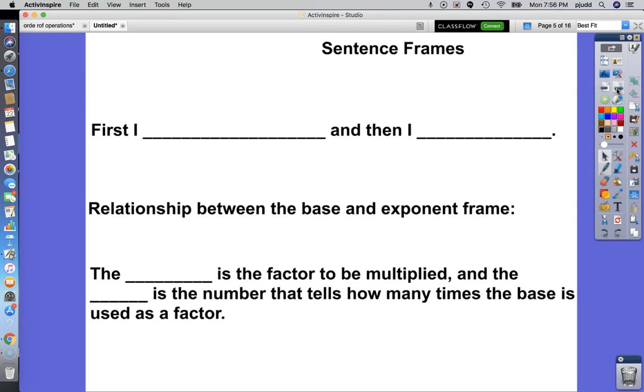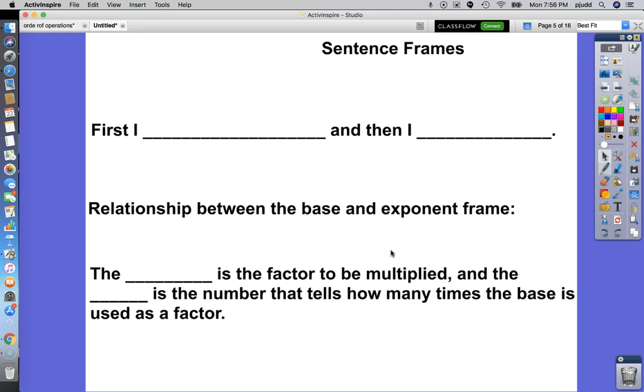So, sentence frames. When you're talking about the steps that you're going to use, first you would examine the base and the exponent, and then I write the base in expanded form. Or if you're asked to write it in standard form, I write the value of the base in standard form.